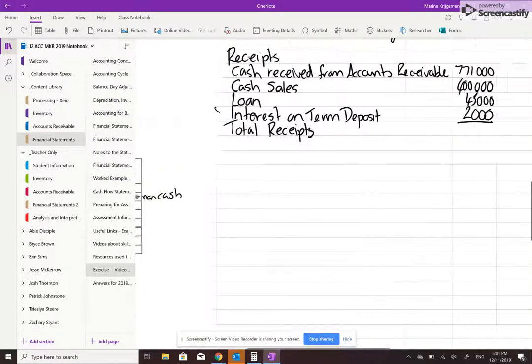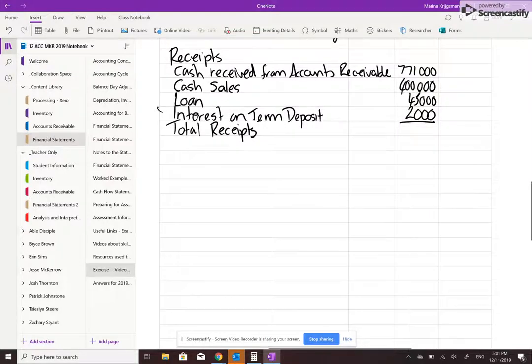So we would work out our total receipts. So we could look on that on the credit side and just check if there's any others there. Plus 400,000, plus 45,000, plus 2,000. So we've got 1,218,000.